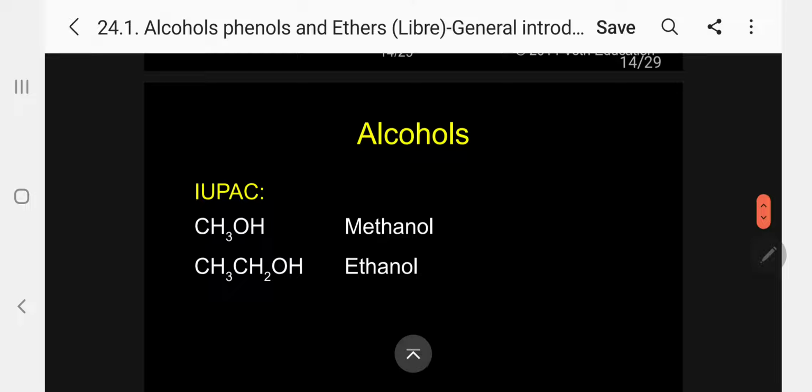Coming to IUPAC, kindly follow: methanol, simply methanol, ethanol. That means we are dropping E and adding OL.